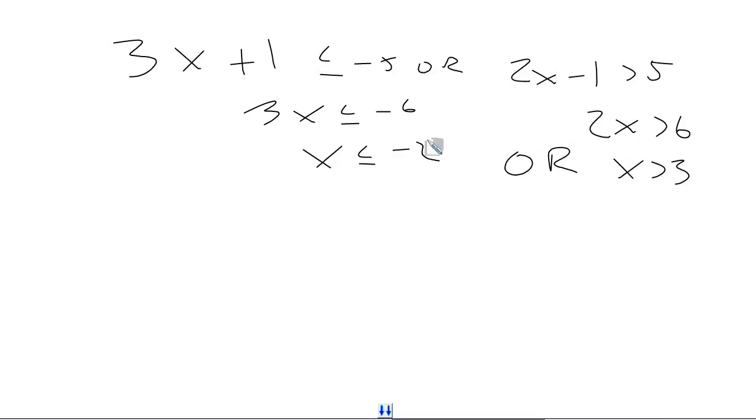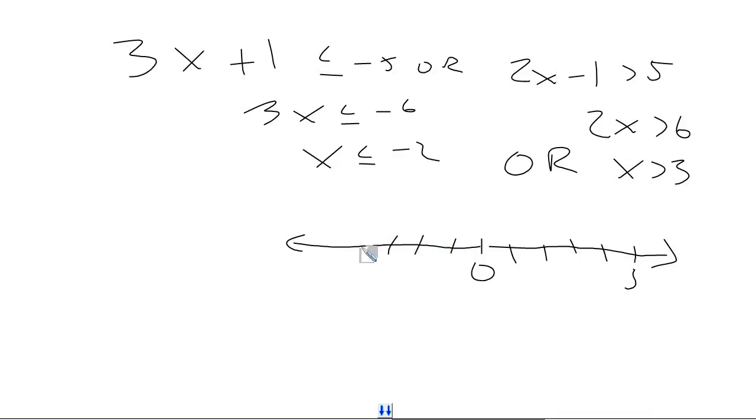Well, if you put it that way, the numbers that satisfy one inequality or the other are all the numbers less than or equal to -2, or all the numbers greater than 3. What that looks like on the number line is, well, I guess first a bracket at -2 opening to the left, right?